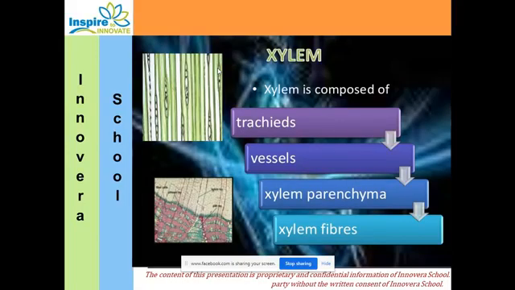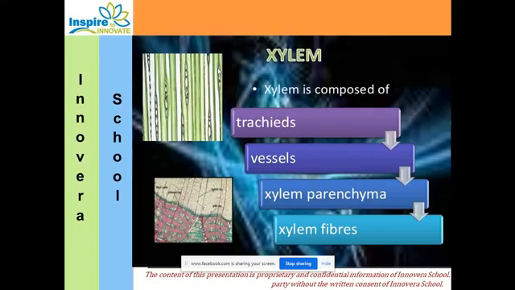So the first one we are going to talk about is xylem. Xylem is composed of four main types. Can you see it, everyone? The first one is tracheids, then vessels, xylem parenchyma, and xylem fibers.